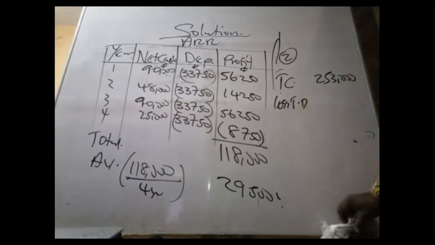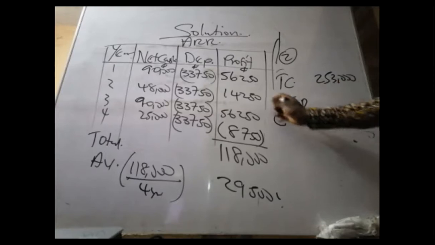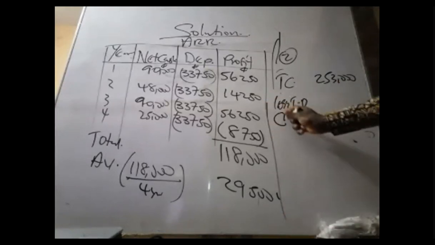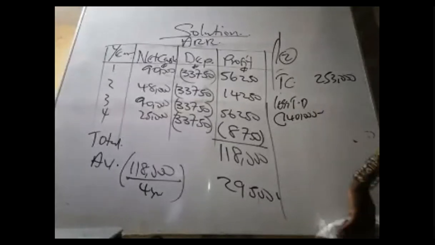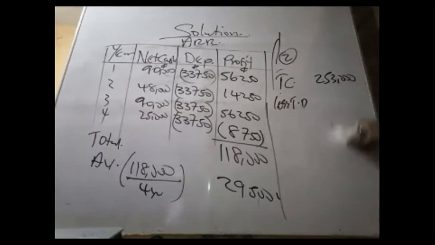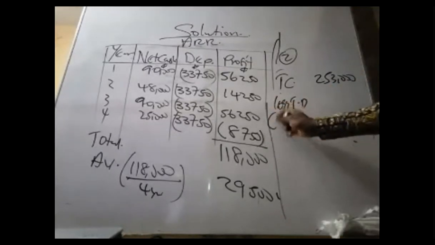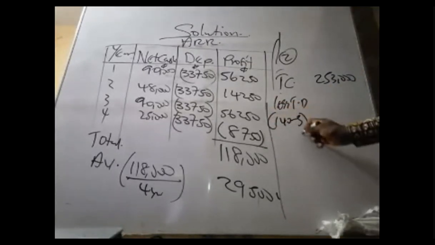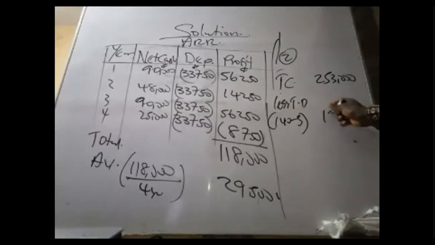So the alternative approach will be, open a bracket, tell the examiner, total cost of the asset is 140,000 less 5,000, right? No shortcut: 140 less 5,000 is 135,000.